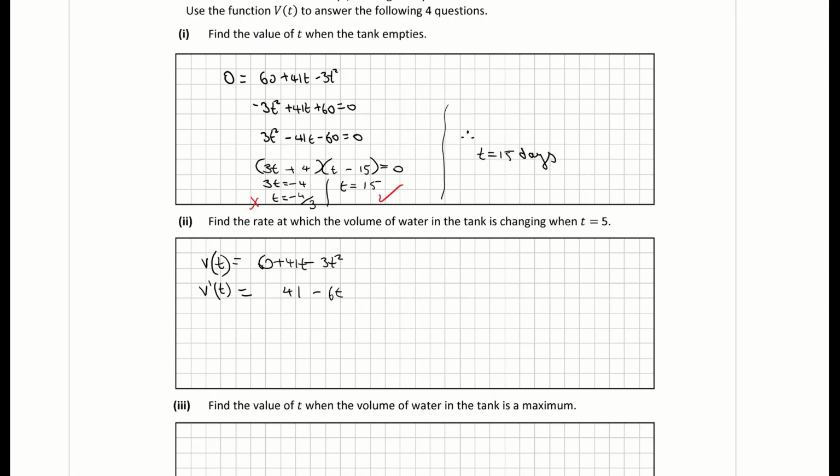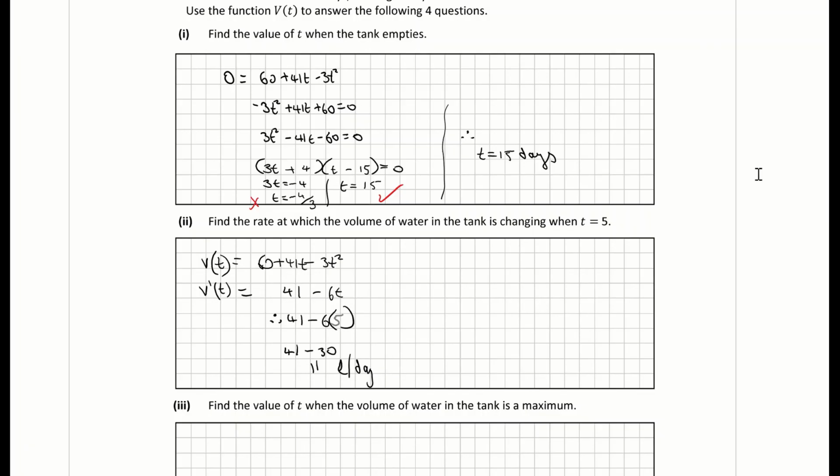And I need to solve that when t is 5. So subbing in 5 for t gives me 41 minus 6 times 5. 6 5s are 30. So 41 minus 30 is 11 litres per day, because time is in days and the tank is measured in litres. So 11 litres per day.